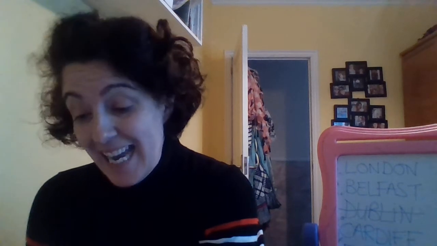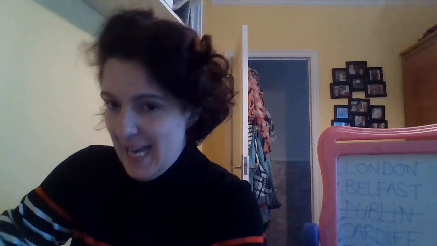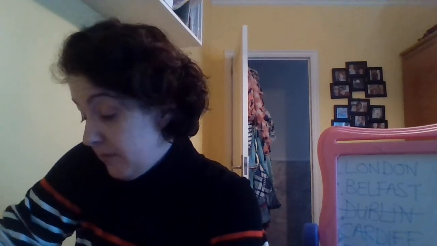Loch Ness isn't very deep. Loch Ness is very deep. London is the capital of Ireland. London is the capital of the UK. Or you can have Dublin is the capital of Ireland. That's okay too.